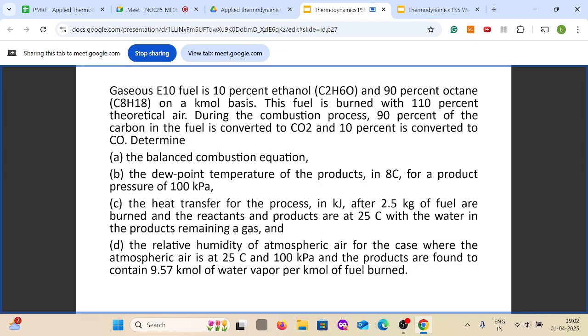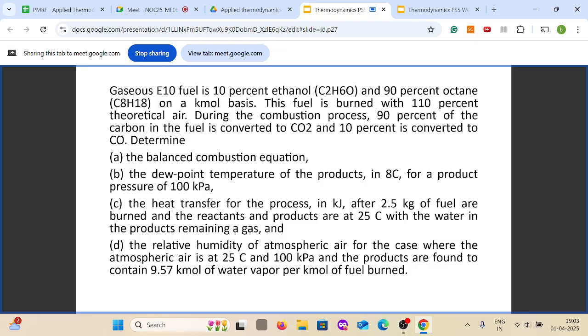This fuel is burnt with 110% theoretical air. During the combustion process, 90% of the carbon in the fuel is converted to CO2 and 10% is converted to CO. Determine the balanced combustion equation, and the dew point temperature of the product in degrees Celsius for a product pressure of 100 kilopascal.